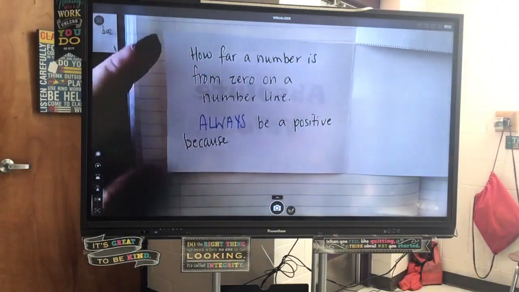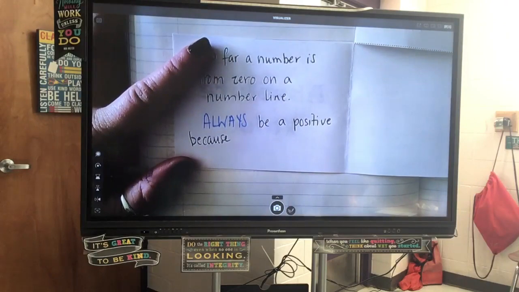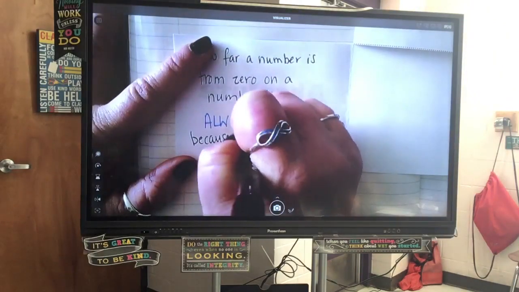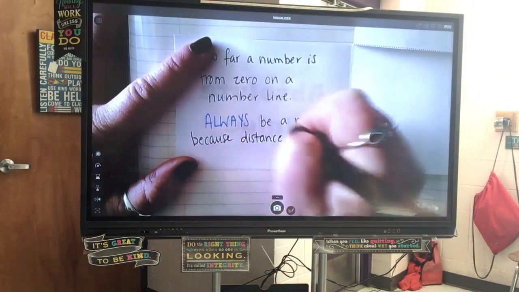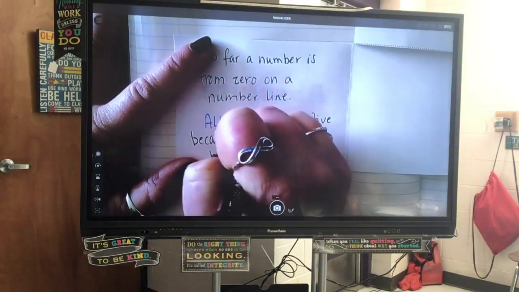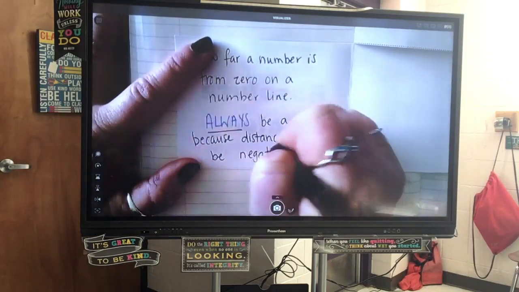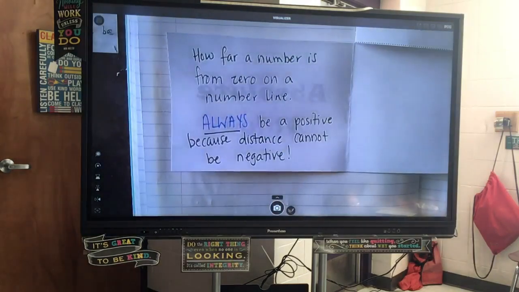Right, it has to be positive. Yep. So always be a positive because distance cannot be a negative. Alright, thumbs up when you have this written down.